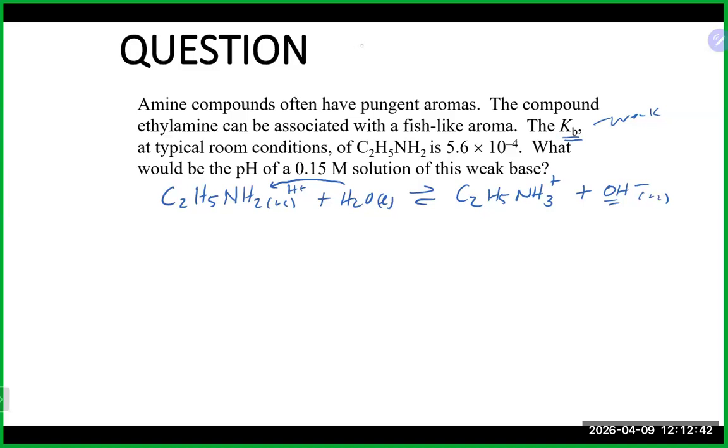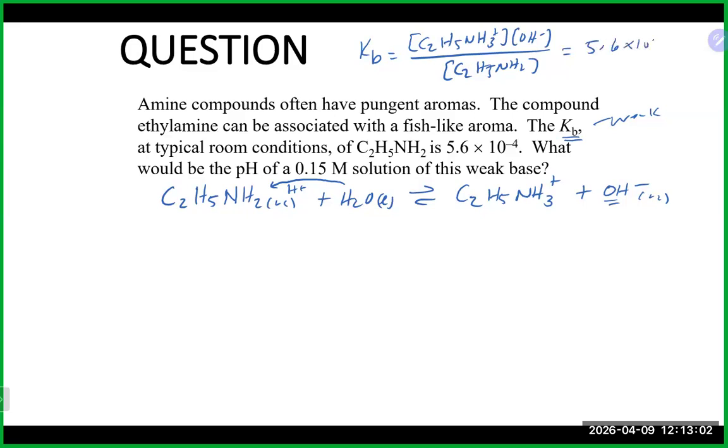That's going to give us our Kb, which is going to be our products, C2H5NH3 plus and OH minus, divided by C2H5NH2. Again, like normal, we will leave water off as it's a liquid.